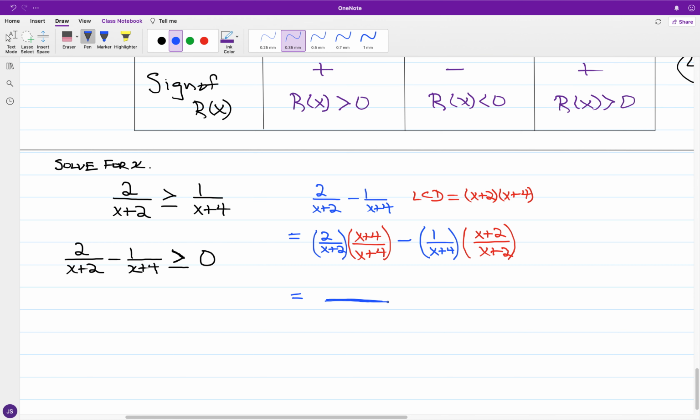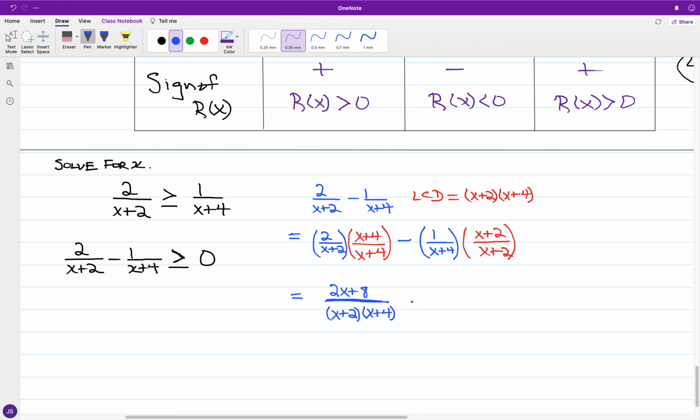Okay, so for the first part, I have 2 over x plus 4, and I can go ahead and distribute. So I have 2 times the quantity of x plus 4, so this will be 2x plus 8, all over x plus 2 times x plus 4.